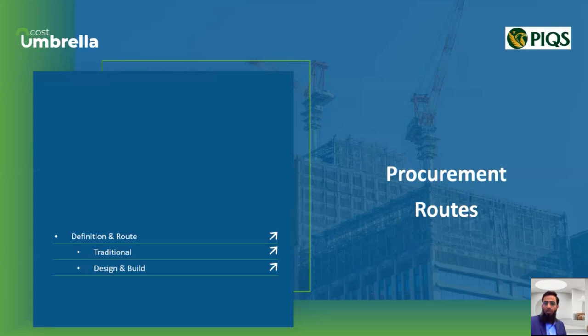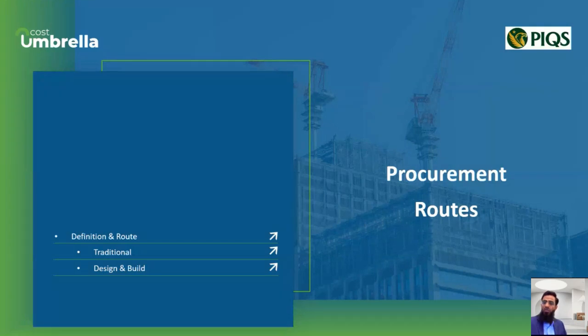As we move forward, let's briefly introduce the topic of procurement route in construction. Procurement is about selecting the best strategy to acquire the resources and services needed to deliver a project. The choice of route can significantly impact project risk, cost, and timeline.